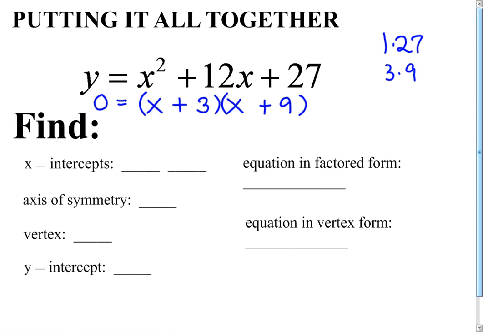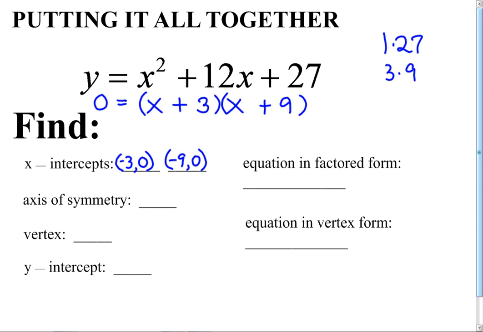They're called zeros. They're called roots. So when will this give you 0? Okay, Cole, when will this give you 0? When x is what? Negative 3, comma 0. We just did all this. And negative 9, comma 0. Because that's what we're going to do. We're going to put it all together.